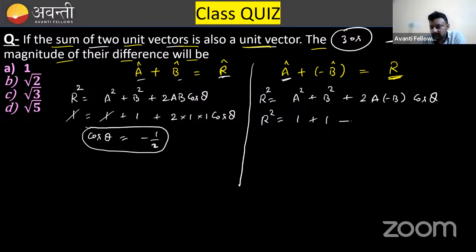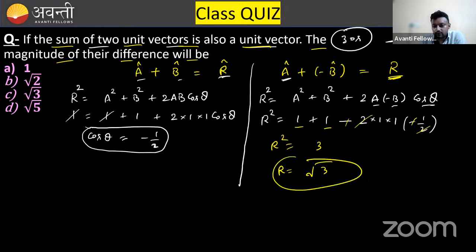Minus 2, A and B both are unit vectors, 1 and 1, cos theta is minus 1 by 2. You can see this minus and minus can be cancelled, 2 and 2 will be cancelled. So R square will be 1 plus 1 plus 1, that is 3. R will be root of 3. So the magnitude of the resultant in that situation will be root 3, which is correct option number C.